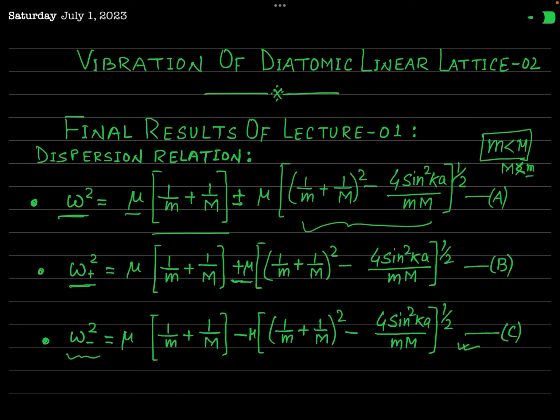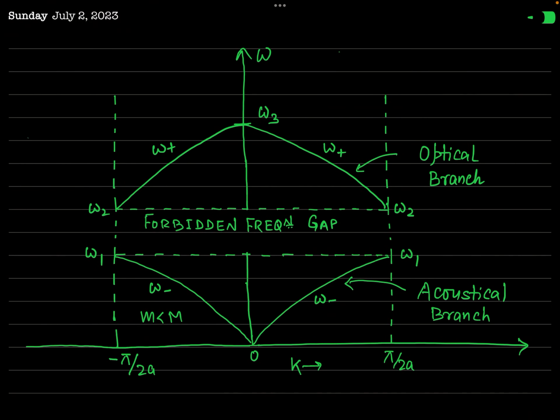Now when you plot this omega against k, the graphical plot obtained I have shown in this figure. It is seen that when omega versus k is plotted, there are two branches, one corresponding to omega plus value, which is the upper branch.